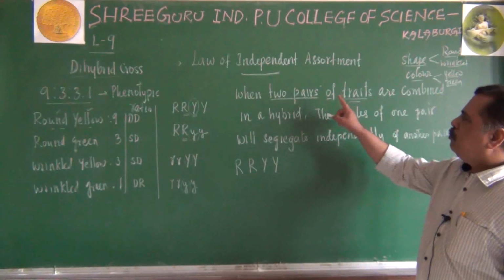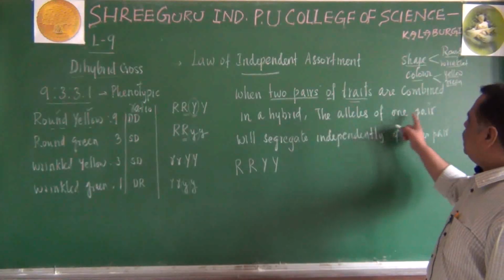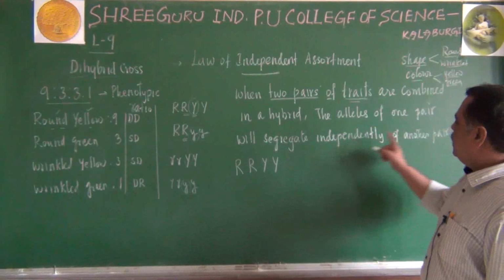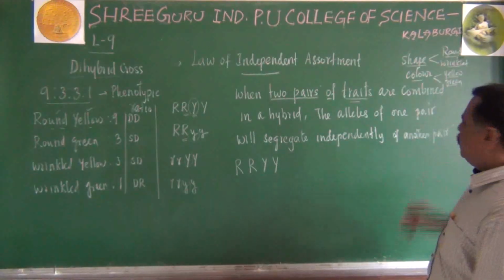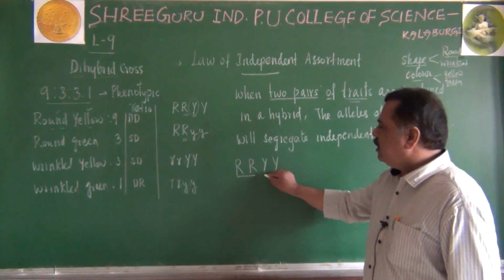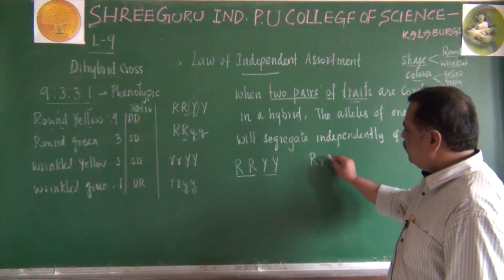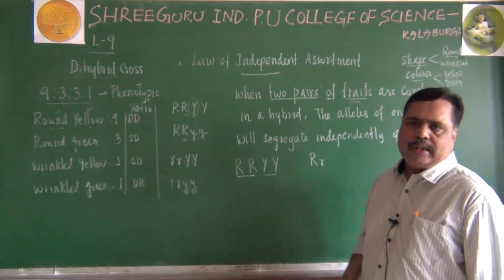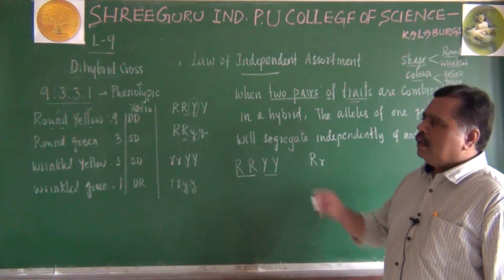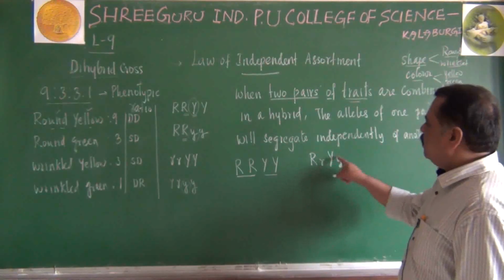When two pairs of traits are combined in a hybrid, the alleles of one pair will segregate independently of another pair. For example, this is one hybrid. Here two pairs of traits are brought together. Imagine another hybrid which we got in the F1 offspring of the dihybrid cross: capital R, small r, capital Y, small y.